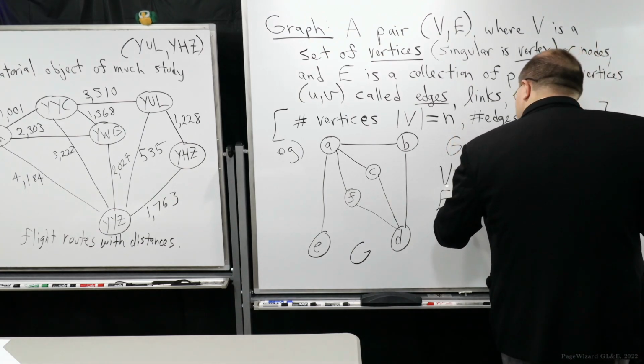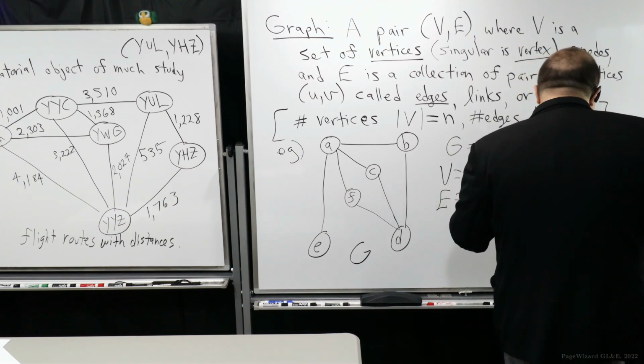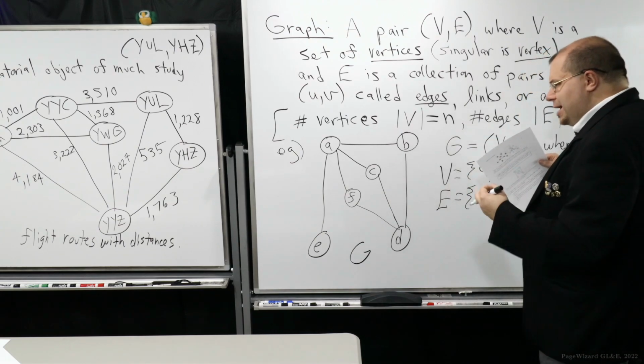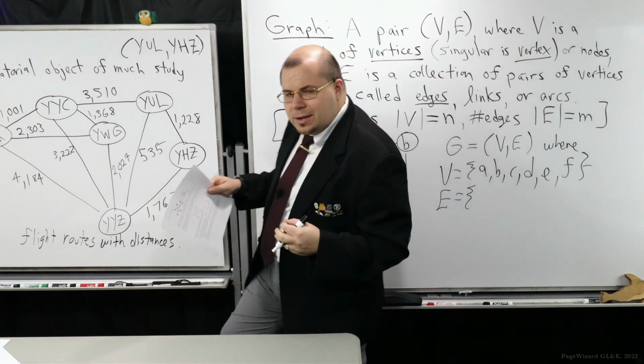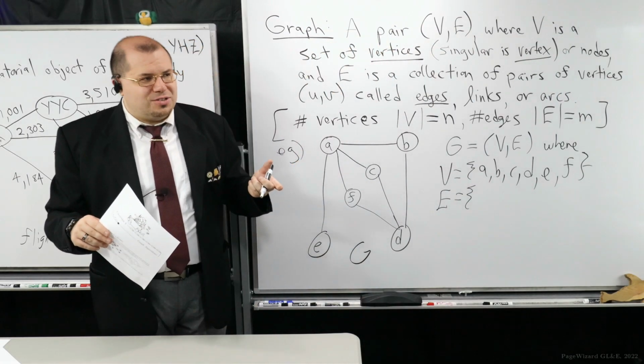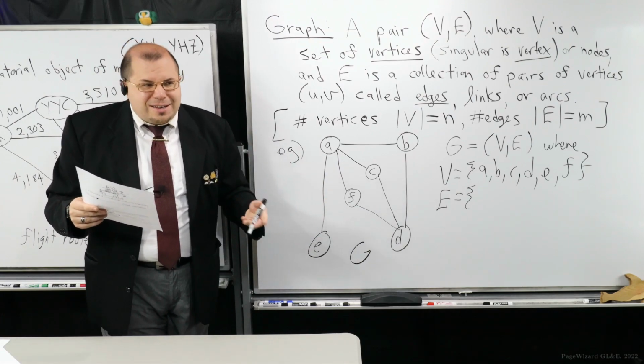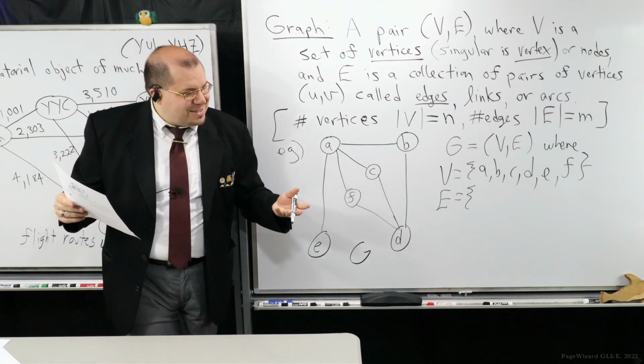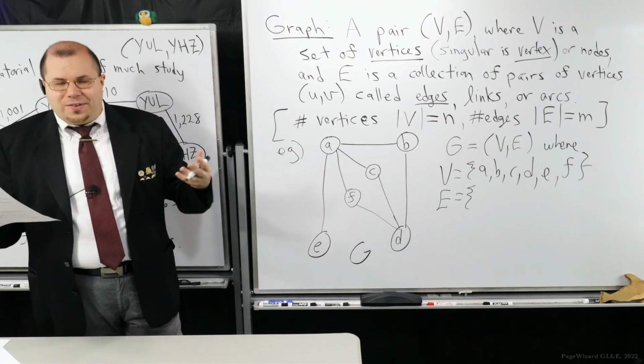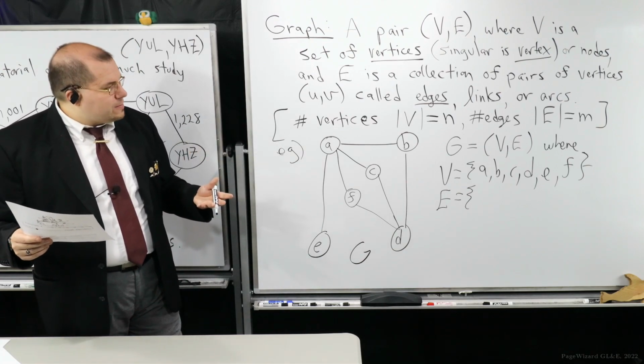E, well, this one is going to be a collection of edges. One thing I want to point out is that you can have different kinds of edges. You can have what we call directed edges, undirected edges, and things called mixed edges. There's all sorts of different kinds of edges that can exist for a graph.